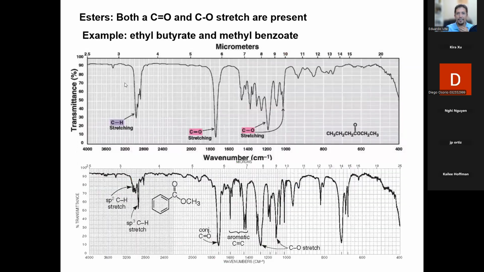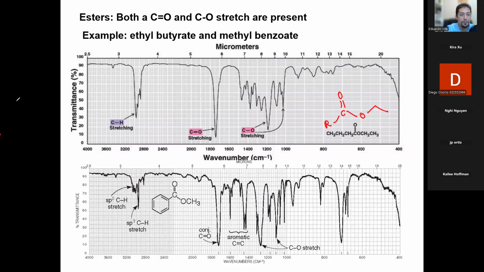So again, esters. Esters are carbonyls and ethers combined together. So here's an ester, just to give you an example. You see the structure: you have the carbon, double bond oxygen, oxygen with whatever is there. So you have a carbonyl and you have an ether. So you should see both of their signals.